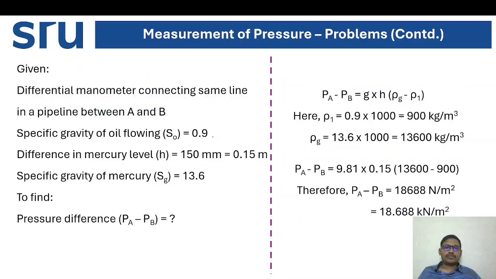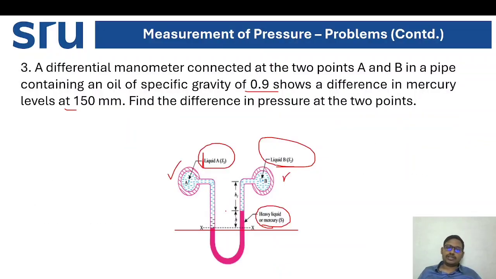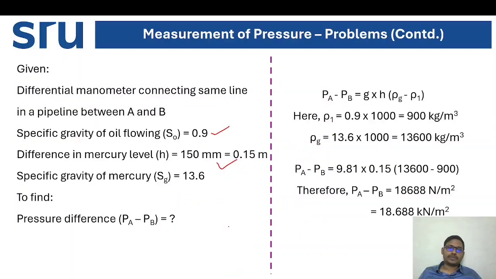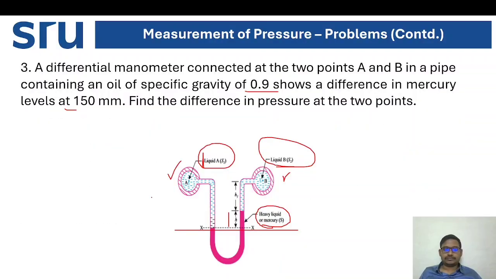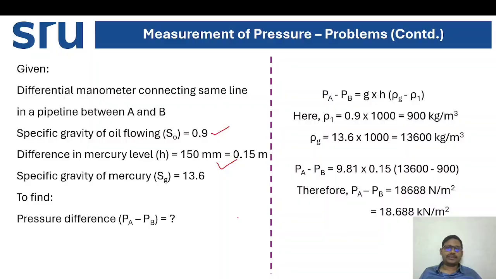So specific gravity of oil 0.9 and the mercury level difference is 0.15, and 13.6 is the specific gravity of mercury, and there is a simple equation, Pa minus Pb.